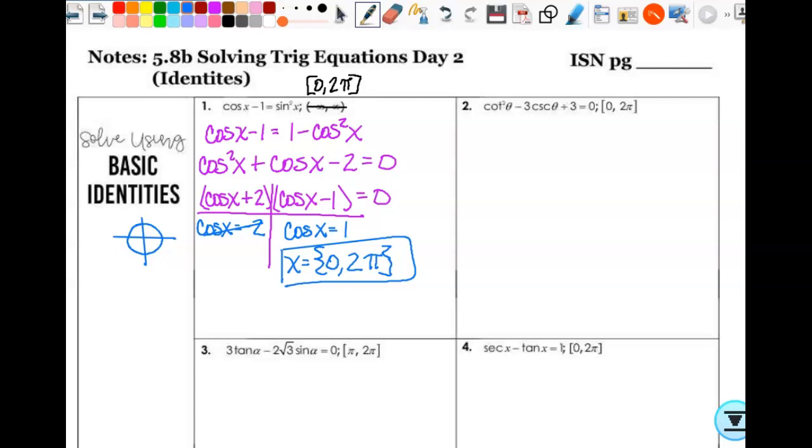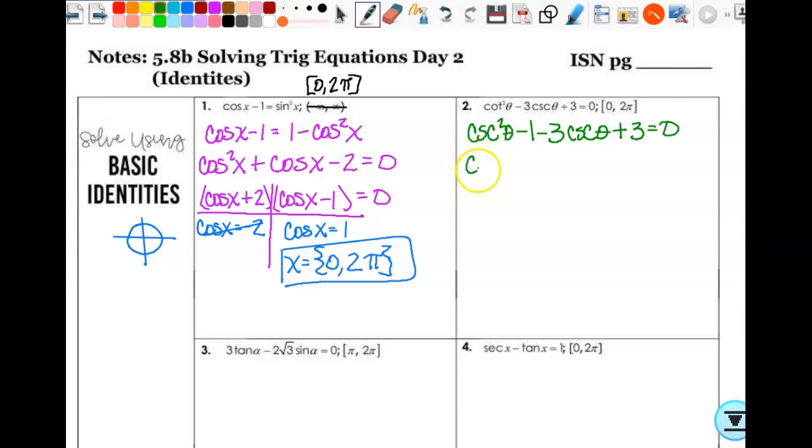So on number 2, I've got this cotangent squared and cosecant. Are cotangent and cosecant related with the Pythagorean identities? Yes, they are. So what can I replace cotangent squared with? Cosecant squared minus 1. So I can have cosecant squared theta minus 1 minus 3 cosecant theta plus 3 equals 0. Right.